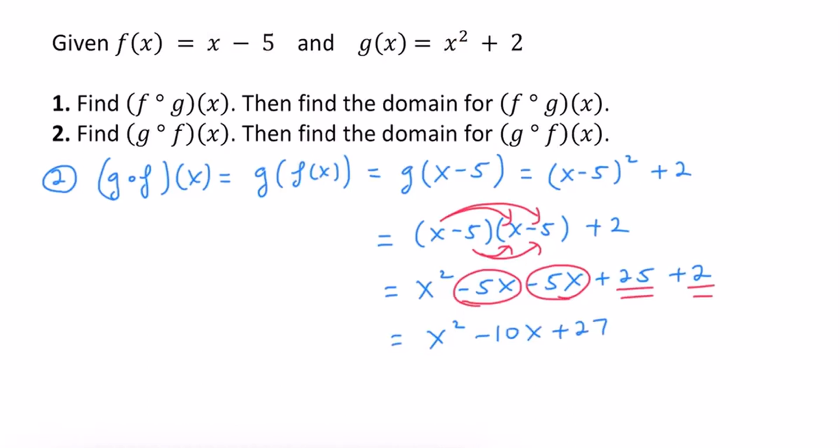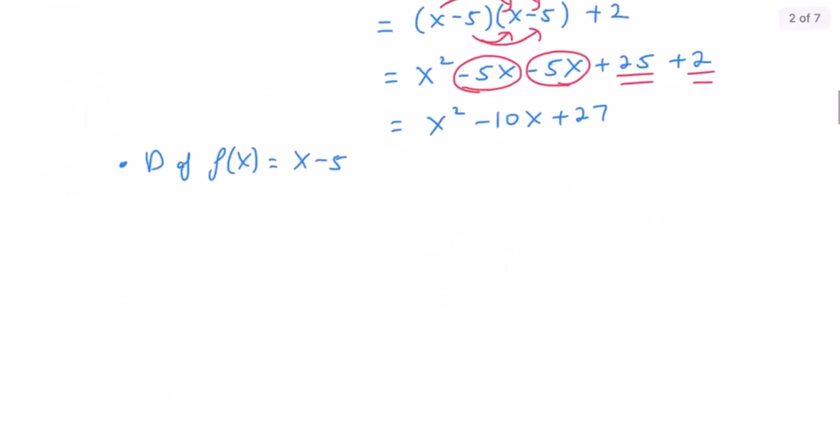Let's get the domain. The domain again contains 3 steps. The first one is the domain of the inside function. The inside function here is f of x. So the first one is the domain of f of x, and f of x is x minus 5. So here, x minus 5, there is no fraction, no square root, so this is all real.